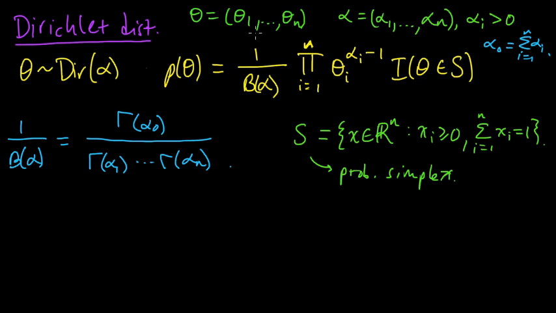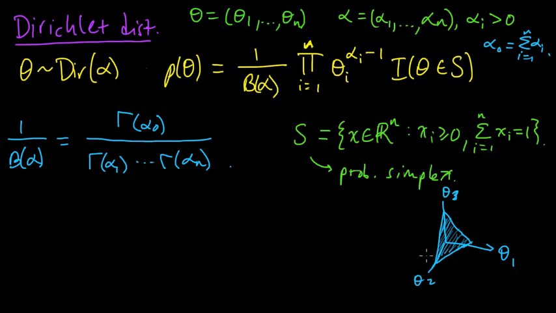So let's look at a little bit of intuition for what this distribution looks like. First of all, what's this probability simplex thing? In 3 dimensions at least I can draw it. If this is the theta_1 coordinate, the theta_2, and the theta_3 coordinates, then the set of all the triples theta_1, 2, and 3 that satisfy these conditions is just this triangle.